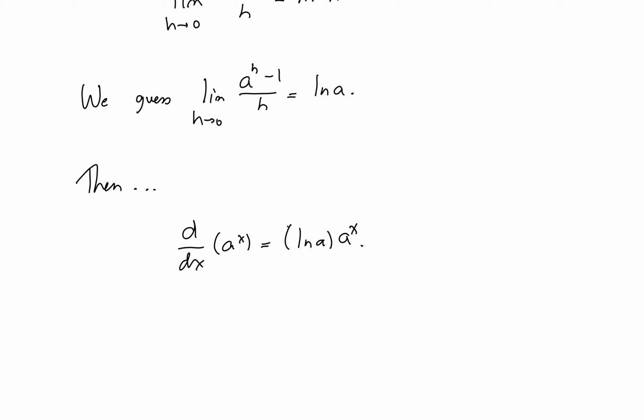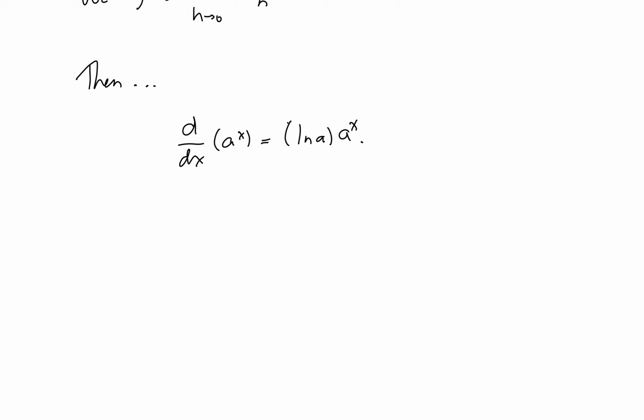And that does turn out to be exactly what the answer is. So we made a good guess here from our data. In a special case of this, notice if I take the derivative of e to the x, well, natural log of e is just 1, so this just gives me e to the x back.